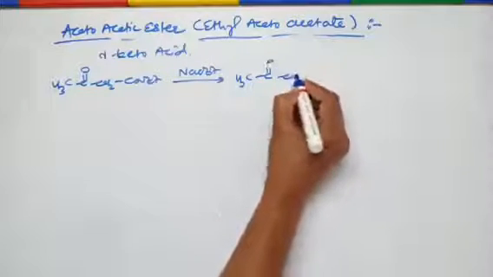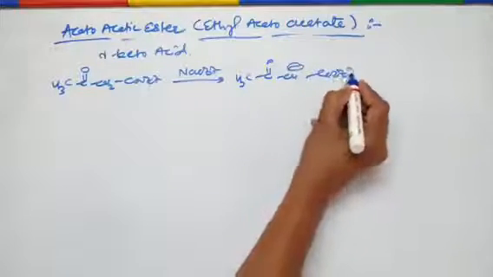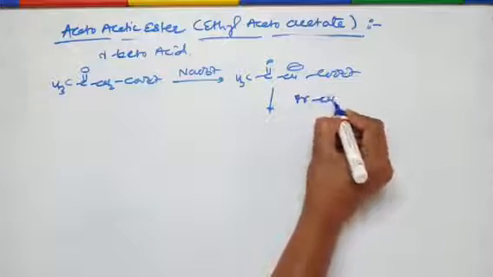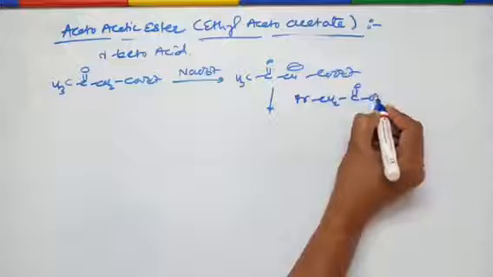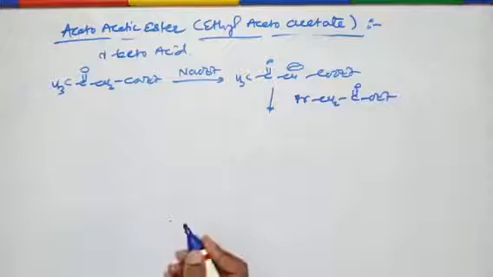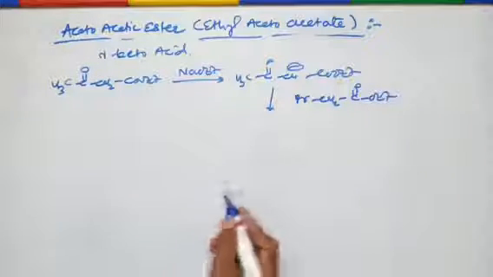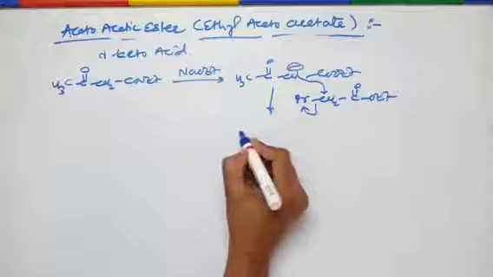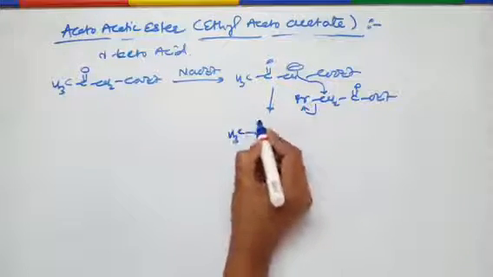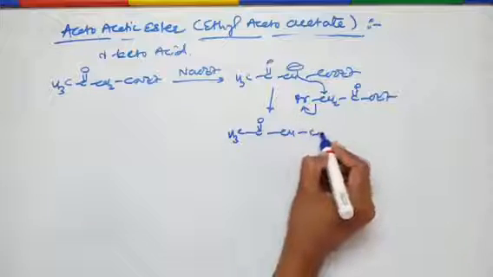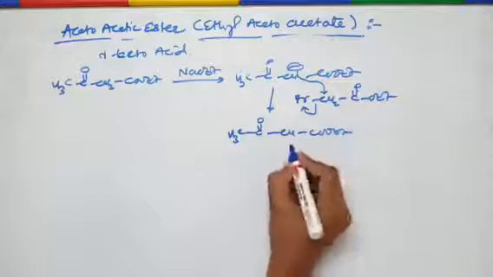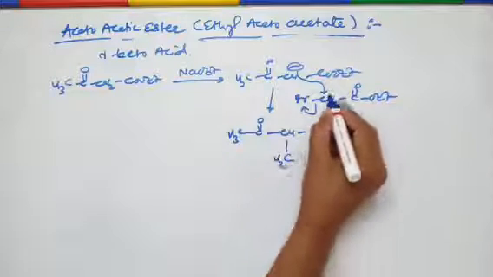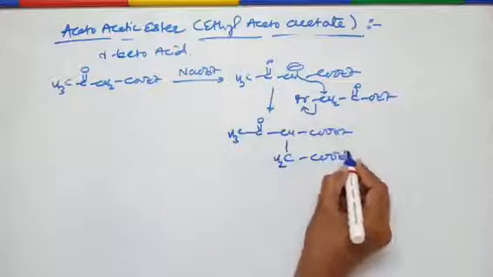So here the carbanion is generated and you treat it with alpha bromoethyl acetate. This carbanion is going to attack on this carbon, bromine leaves, so we get the next one, it forms a bond with the CH2 COOH.